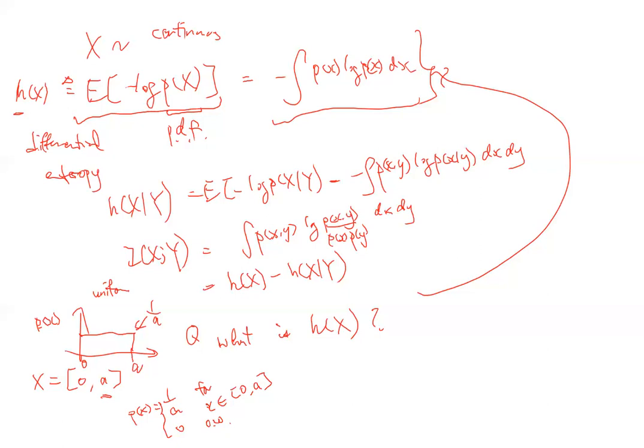So this is a PDF, so the area underneath has to be equal to 1. Yeah, A times 1 over A should be equal to 1. Yeah, that's the case. It will depend on A though, right?